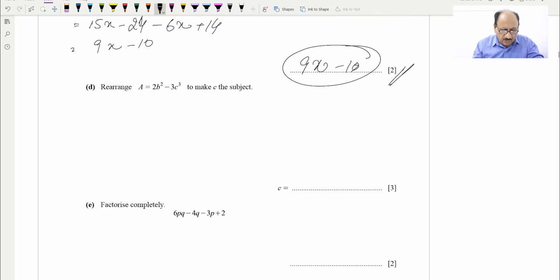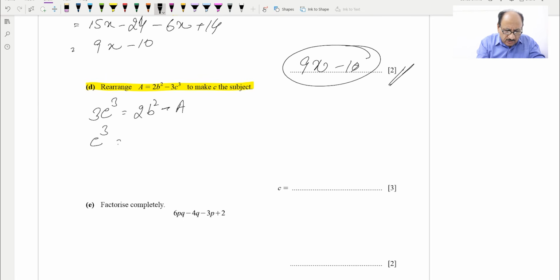Hopefully you understand this. Now we need to rearrange and make C the subject. So we will be shifting 3c cube to the other side, and a also to the other side, so it will be minus a like this, and then we need to shift 3 also to the other side.